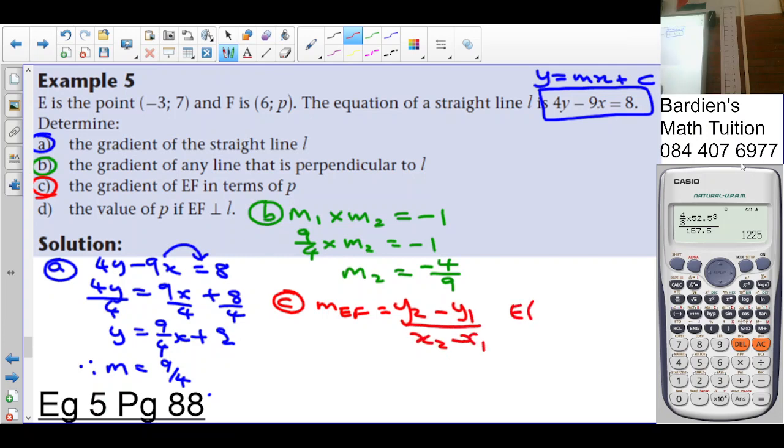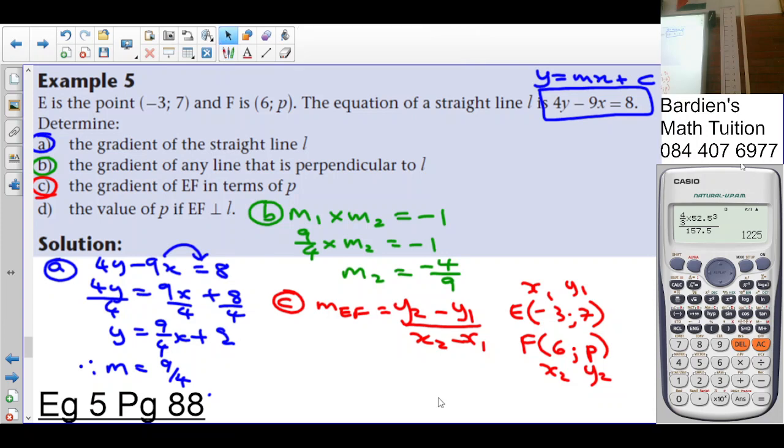For E, it's going to be (-3, 7), whilst F is (6, P). If you make that x1, y1, let's make that x2, y2. So I want you to write down the gradient of EF in terms of P using those coordinates. Do that quickly.